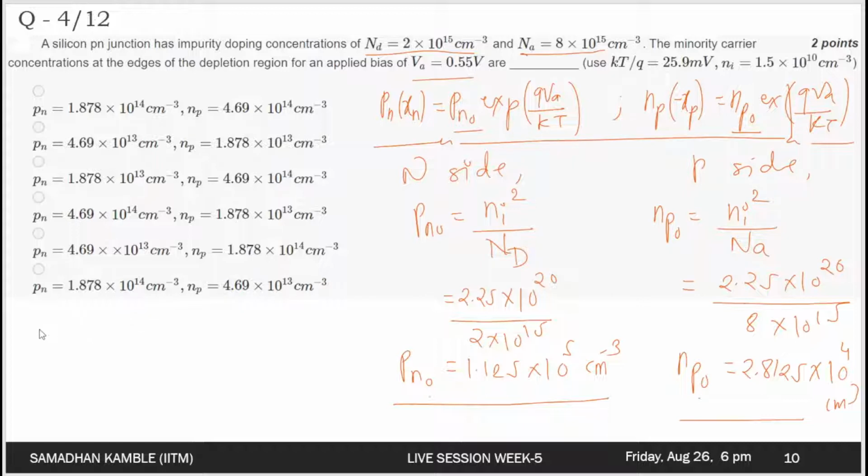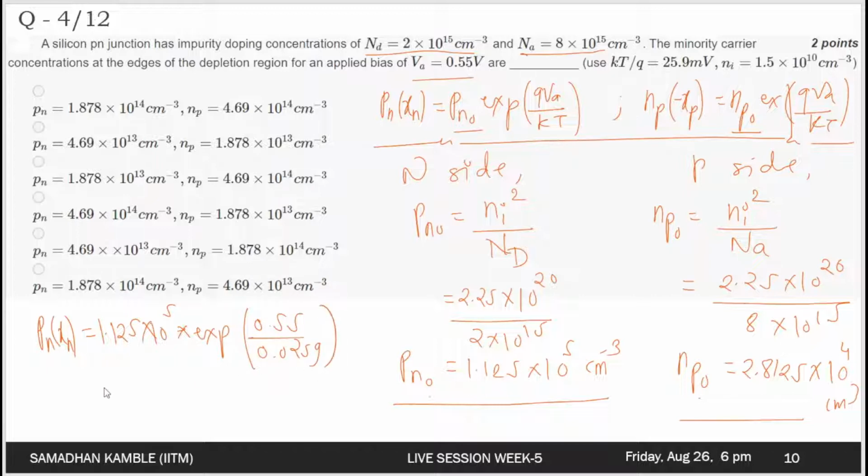So we'll have Pn at xn equal to 1.125 times 10 to the power 5 times exponential of the applied voltage 0.55 divided by kT by Q for 300 Kelvin, which is 0.0259.